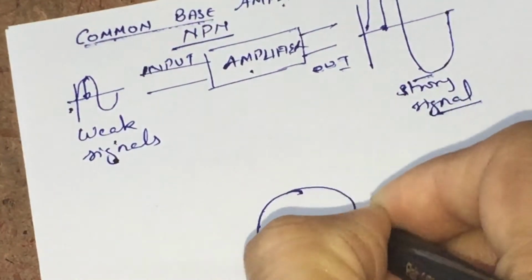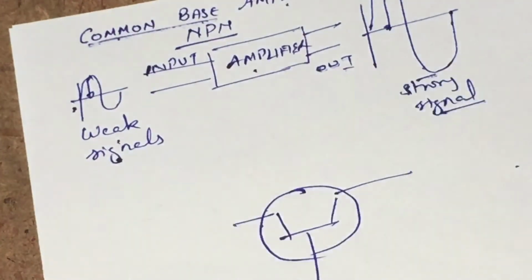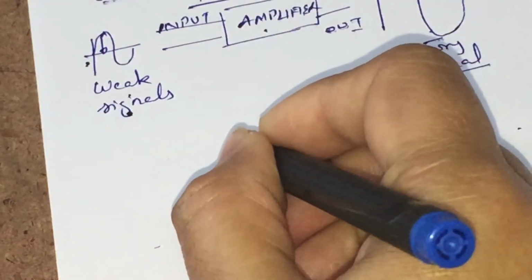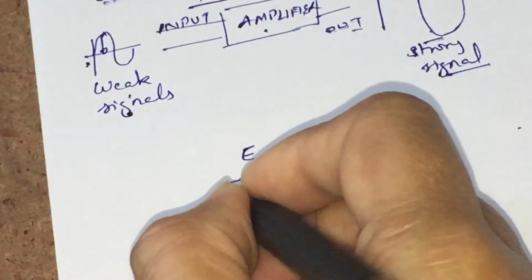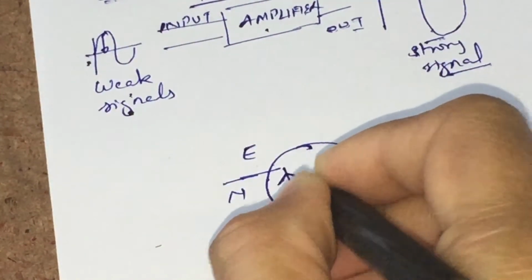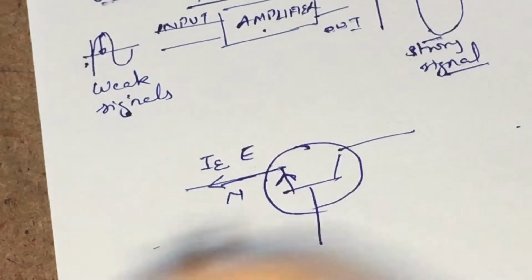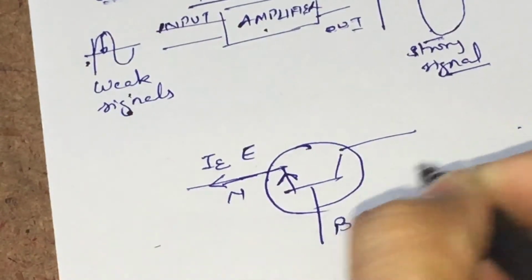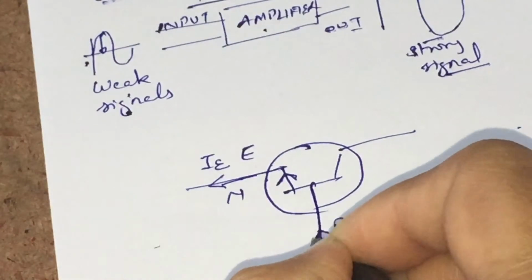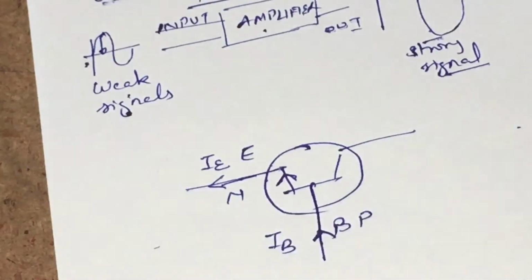This is our common base transistor, and as it is of NPN type, the emitter side is N-type semiconductor, and the emitter current comes out of the transistor. The base is P-type in an NPN transistor, and the current moves into the transistor; this is our base current.